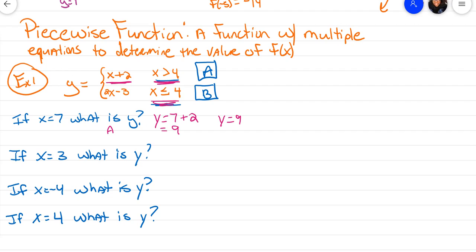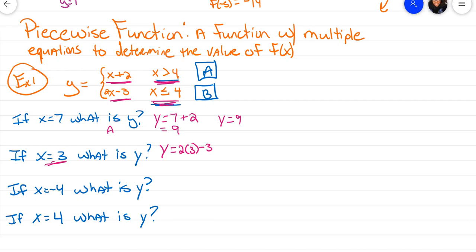The second one says if x is equal to 3, what is y? So where does 3 fall? Is 3 greater than 4, or is 3 less than or equal to 4? 3 is less than or equal to 4, so I'm going to use the bottom equation. So y equals 2 times 3 minus 3.